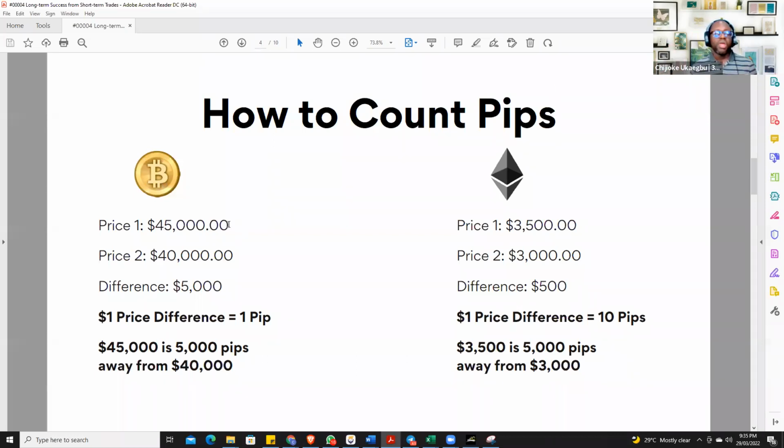Maybe you wake up tomorrow and the price of Bitcoin at 8 o'clock is 45,000, and somewhere around 12 o'clock tomorrow, the price has fallen to 40,000. You can tell somebody that between 8 o'clock and 12 noon, the price of Bitcoin dropped from 45,000 to 40,000, which means there was a difference of 5,000. Where did we get 5,000 from? That's 45,000 minus 40,000.